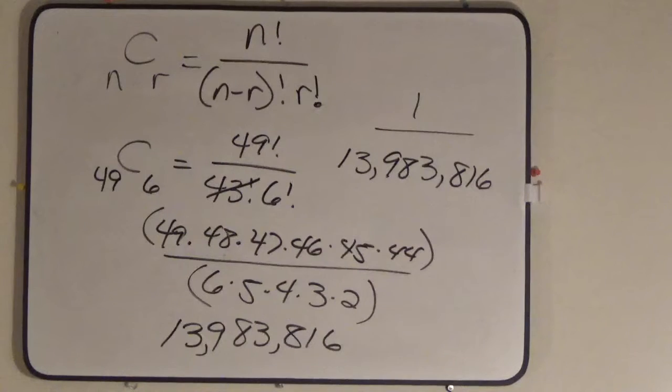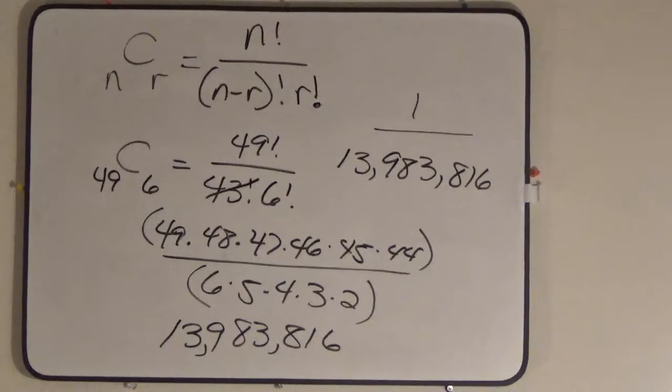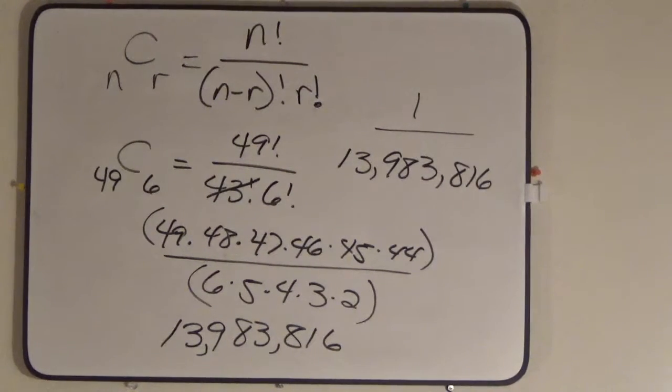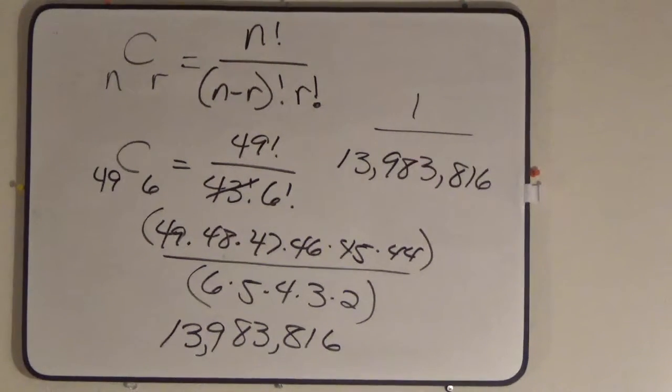Now guys, if you want to know what that is in probability, hit 1, the divide button, and then type in 13,983,816, and you will get a decimal answer, and that'll tell you what your percentage is, or your relative percentages, okay? Not your relative frequency. All right, you don't have a very good chance of winning that lotto. I can tell you that.